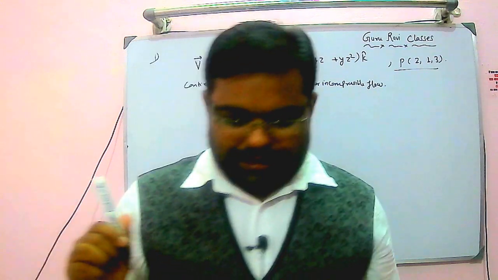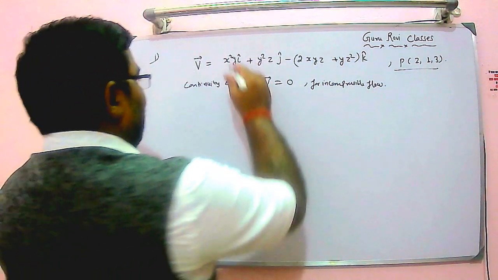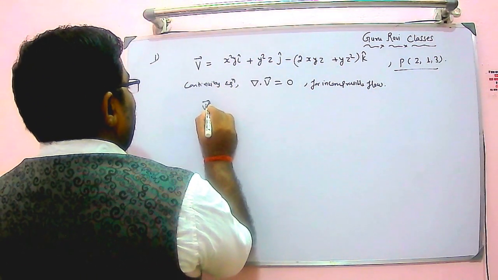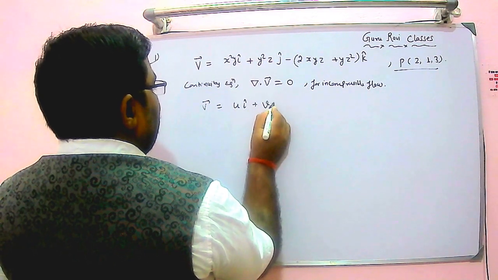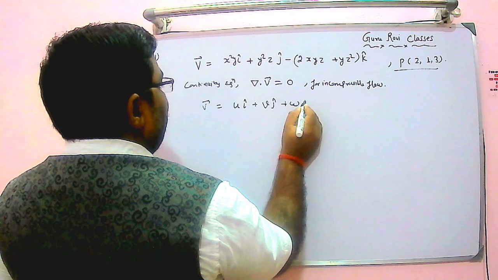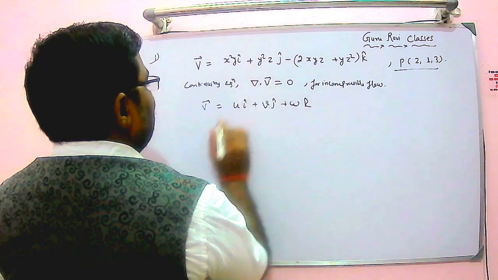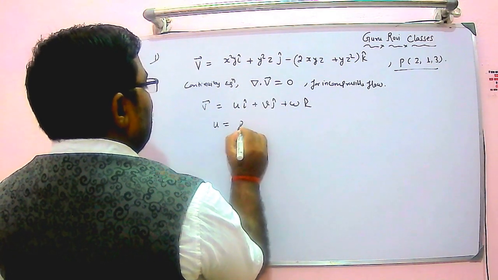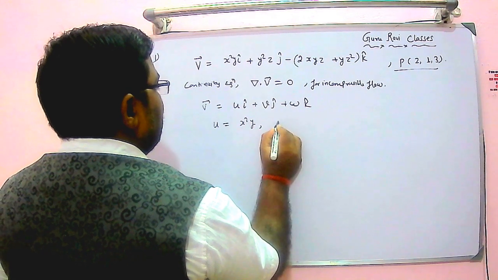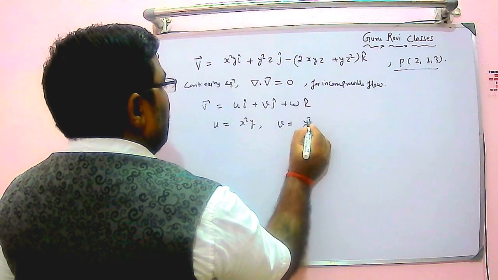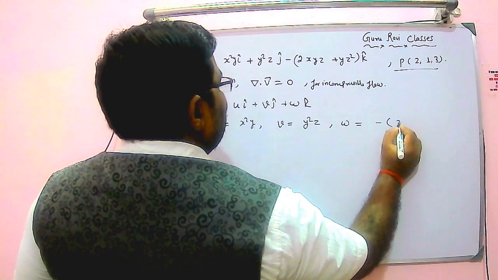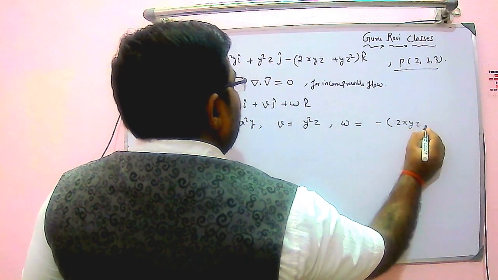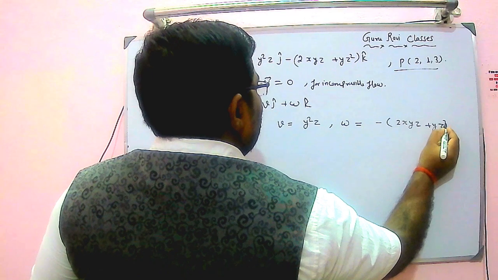we can say the velocity vector is nothing but ui, vj and wk. So from here we can say u is equal to x squared y, v is equal to y squared z, and w is equal to minus 2xyz plus yz squared.